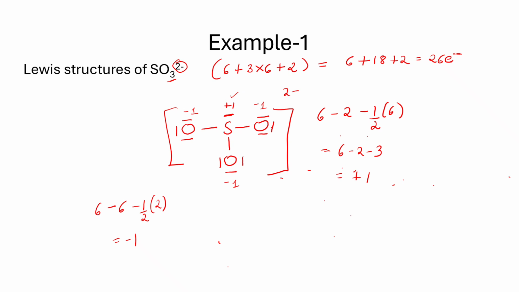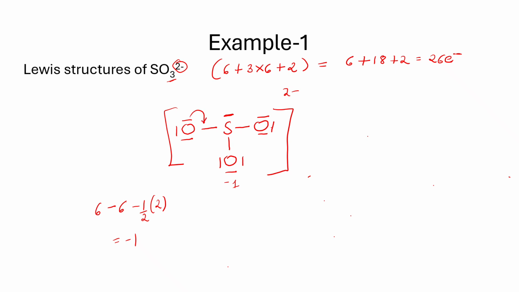But then the next question is, okay, if this Lewis structure is not that stable, can there be a more stable Lewis structure? And the short answer is yes. Now, in order to get the more stable Lewis structure, what we do is we use one of the lone pairs on the oxygens to make a double bond with sulfur.